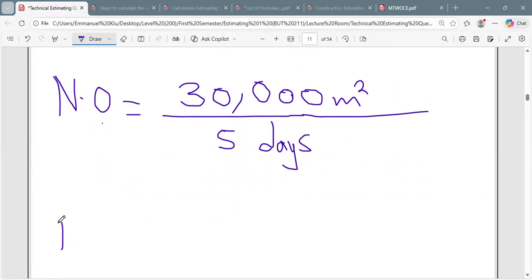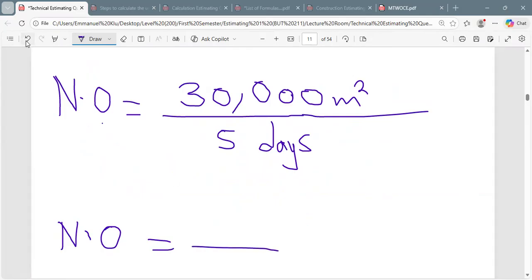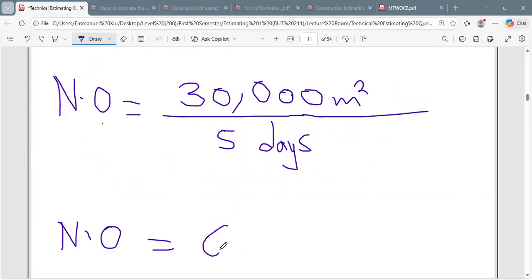At the end of the day, our new output is going to be equal to, if you divide this, you're going to get 6,000 meters squared per day.